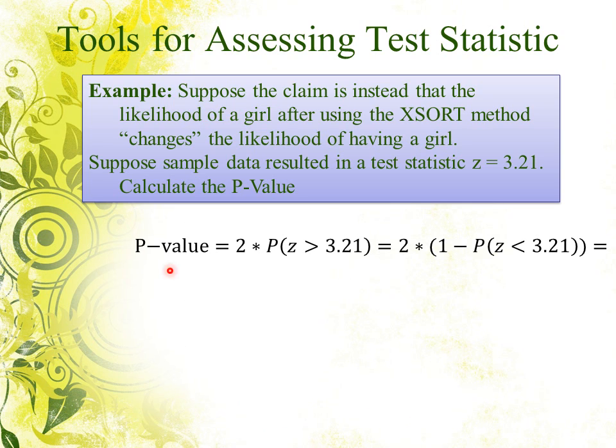So the p-value is going to equal 2 times the probability that our z-score is to the right of 3.21, which is 2 times 1 minus the probability that our z-score is to the left of 3.21. And like we found in our previous problem, the probability that z is less than 3.21 is 0.9993. So we multiply that by 2 and we get a probability of 0.0014. So our p-value in this case, because it's a two-tailed test, is 0.0014.